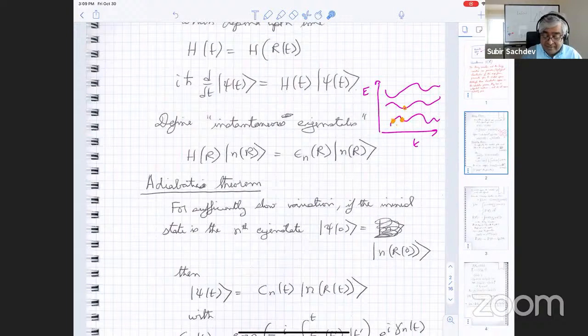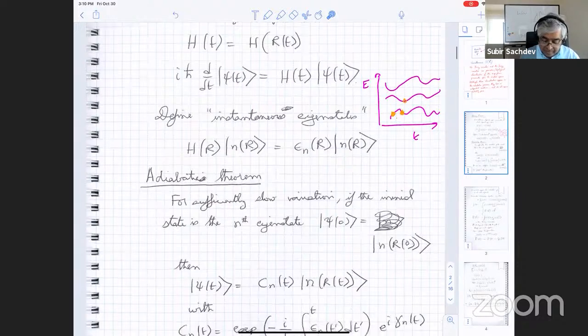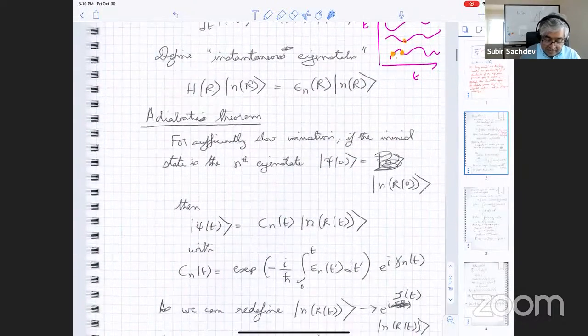Well, the rate should be smaller than the energy gap. So whenever two levels really come close to each other, then you have to be extra careful there to avoid jumping into the other level. So we assume that's the case, that the levels remain non-degenerate and separate, and you're varying slowly enough that you never make a transition. So in that case, psi of t is some phase factor times n of r of t.